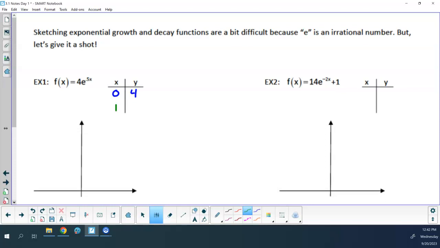What's the square root of 3, roughly? Smaller than 2, bigger than 1, right? It's actually 1.7. 1.7 times 4 is roughly 6.8. So this is going to be approximately 6.8.